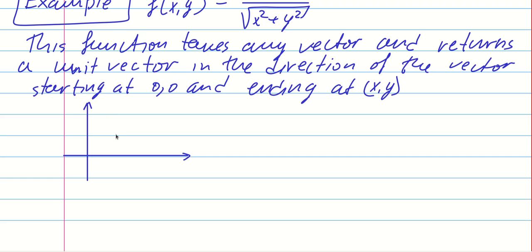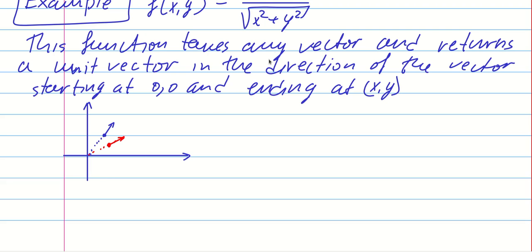So basically, if you have a point over here, all right, then we'll have a unit vector going in the direction of this line over here, right? And if we have a point over here, then our unit vector will look up in this direction.